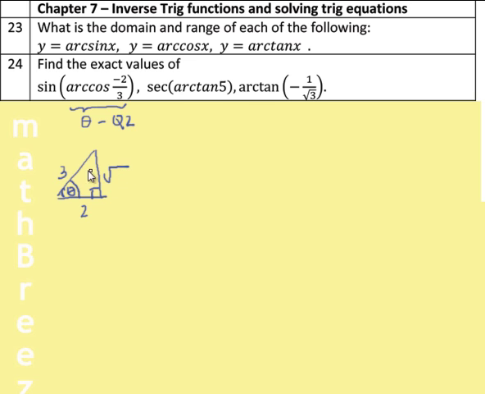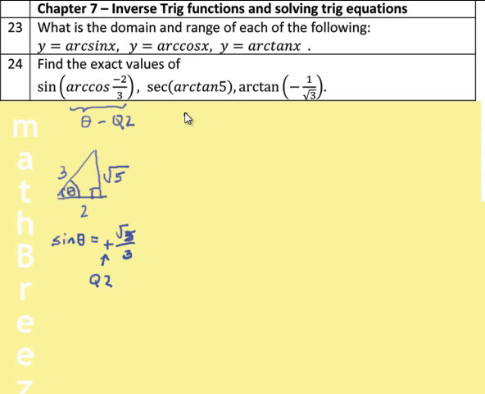And here I have the square root of 9 minus 4, or square root 5. We want the sine of this value. The sine of theta is square root 5 over 3. And it's positive because theta is in quadrant 2.